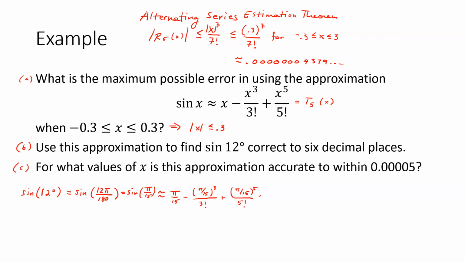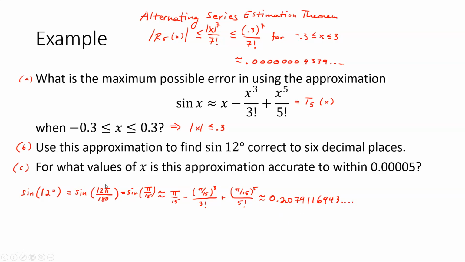And let's see, in this case we would have something about 0.207911693 and so on. Okay, so of course here we know that at least for 6 decimal places, this will be a good approximation.